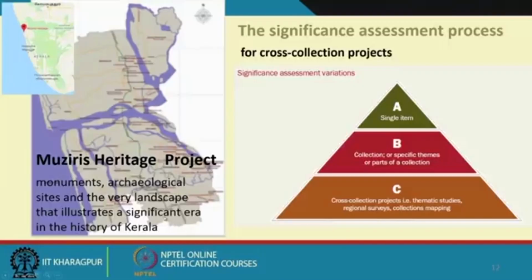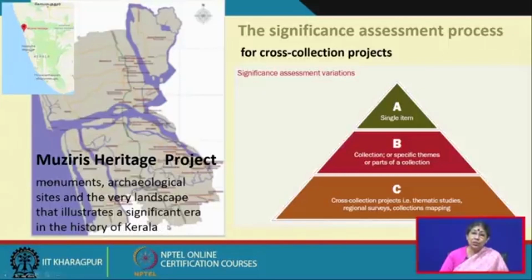So, there are the trade linkages, and many archaeological excavations have been carried out, which signify the maritime linkage and the trade linkage of this place, and this is a cross cultural thing which happened there. There are many monuments, archaeological sites and the very landscape that illustrate a significant era in the history of Kerala.